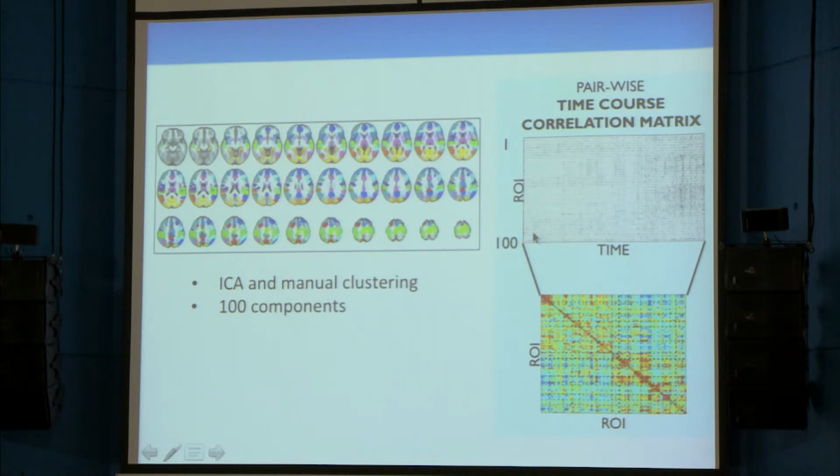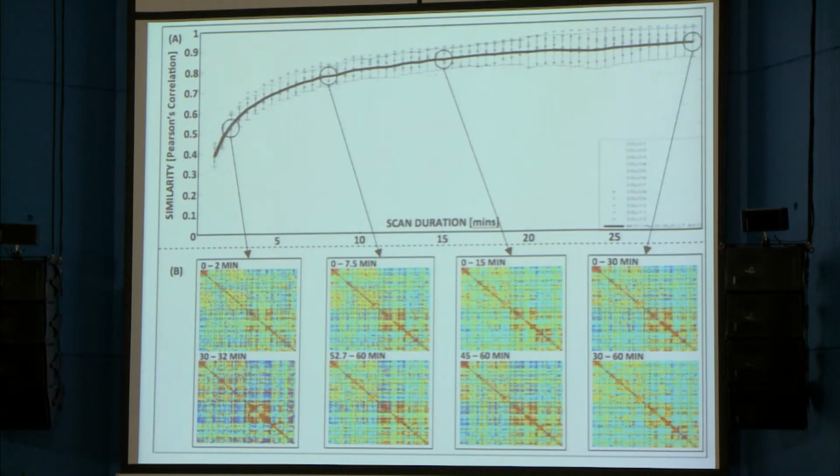correlation matrix, but instead of looking at all of time, we look at segments of time. This is over the course of an hour of scanning. If we compare, for instance, the similarity of these correlation matrices between the first 30 minutes and the last 30 minutes, a high number here means they're highly correlated, and therefore very similar.